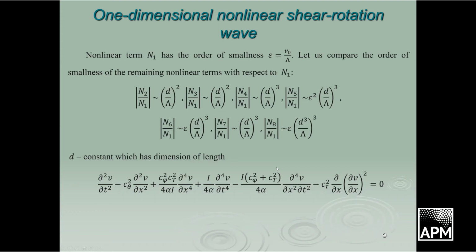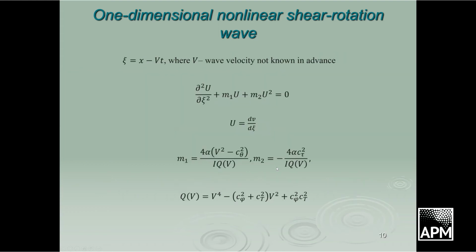We will seek the solution to this equation in the form of a traveling stationary wave, which depends on the variable xi, where big V is the wave velocity, previously unknown.